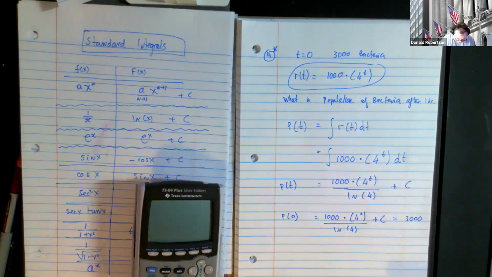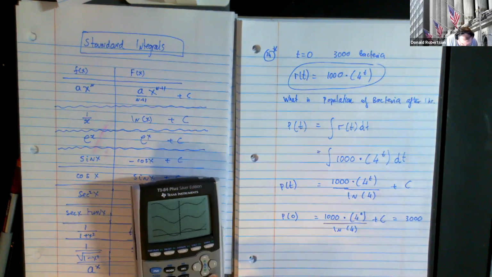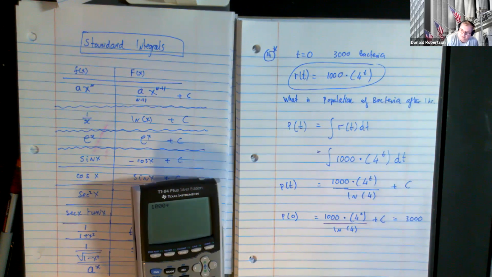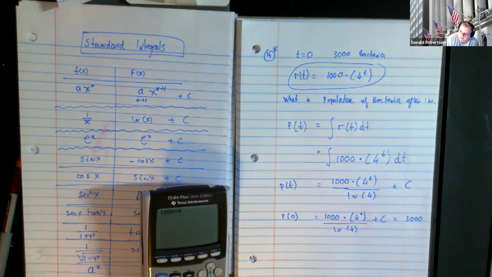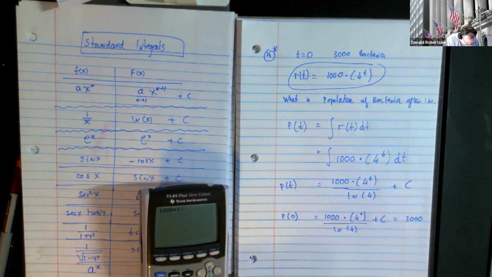I'm going to go to my calculator and find out what this number is, because it's not very pretty. So it's 1000 times, oh, I could do that in my head. What's 4 to the power of 0? One. Then divide it by the natural log of 4.